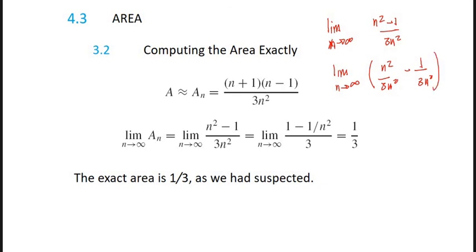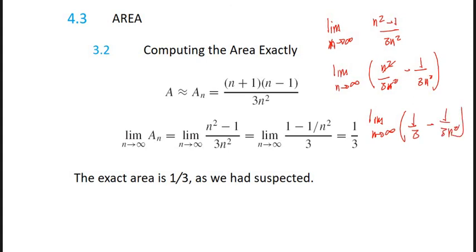And why am I doing that? Because here I can see that this n squared cancels, and what survives here is what? 1 over 3 minus 1 over 3n squared.